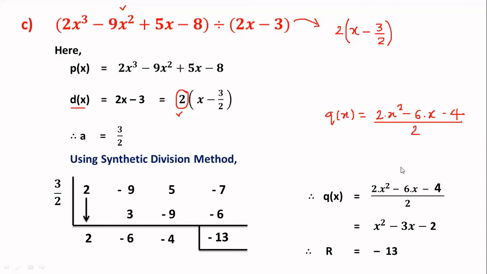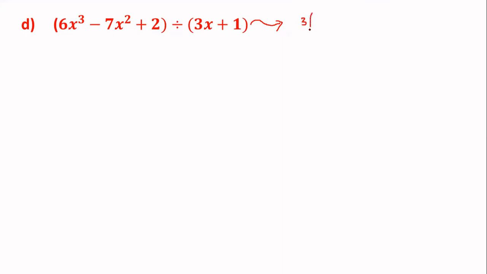Now let's go to the fourth example, the fourth divisor form. The divisor here is in the form of cx plus d. As we have already discussed, if the divisor dx is in the form of cx minus d, it also has to be converted into standard form. So for that, first of all, we'll take out 3 common. Once we take out 3 common, inside the bracket there will be x plus 1 by 3.